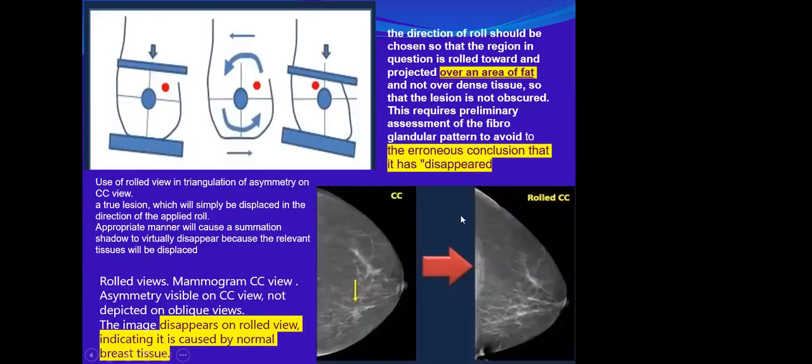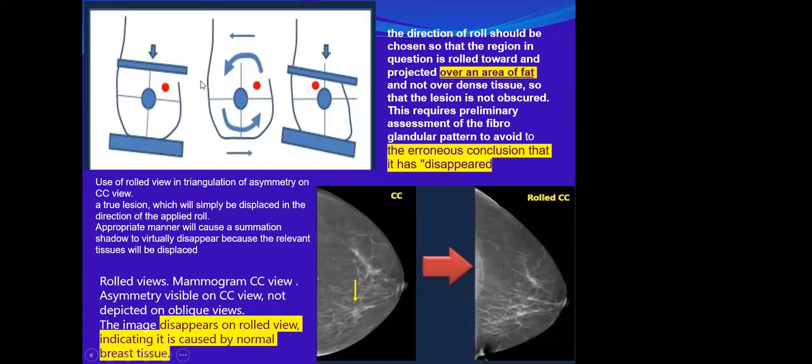Okay. So this is the direction of roll. This is in the superior breast. Here you are rolling laterally. Okay?